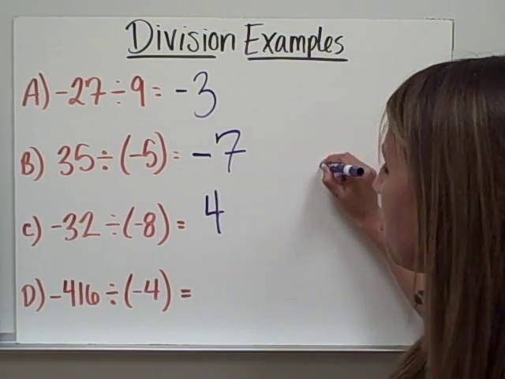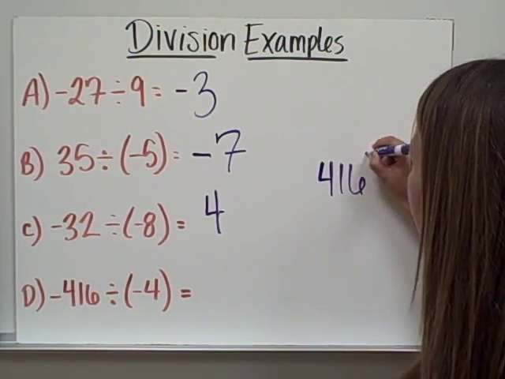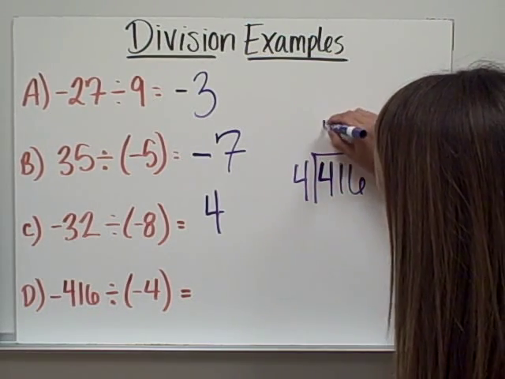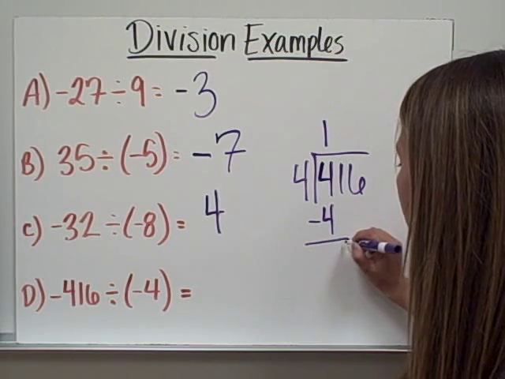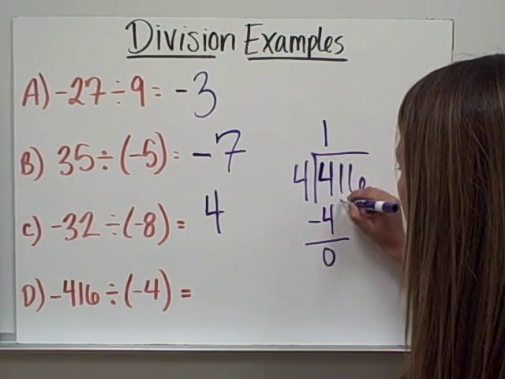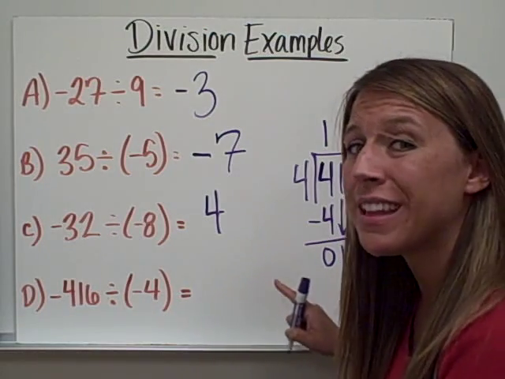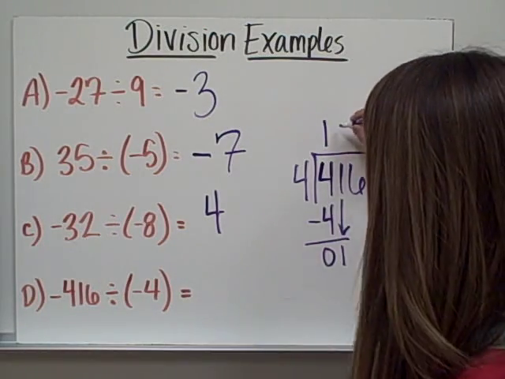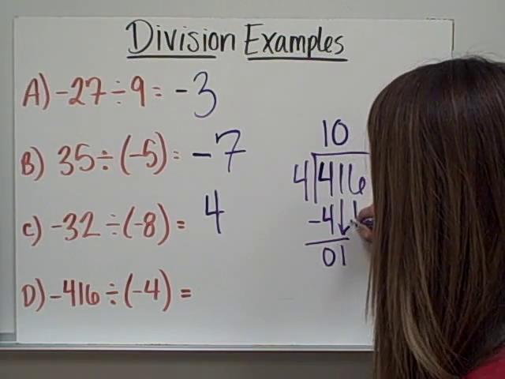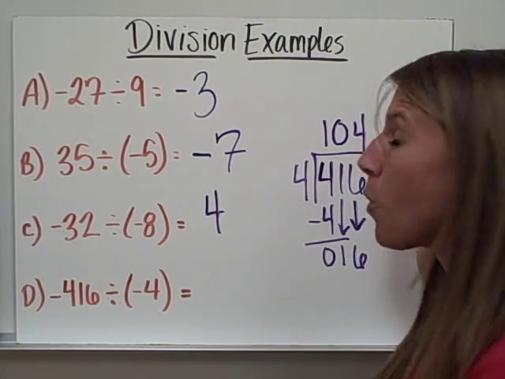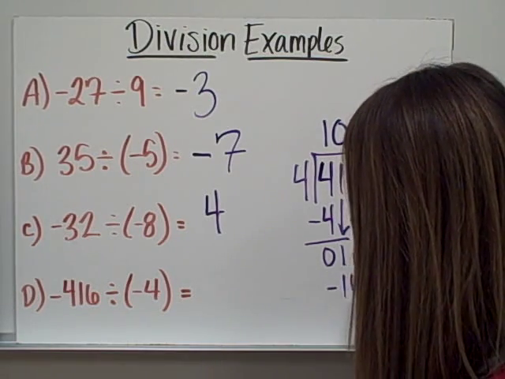So if I have 416 divided by 4, 4 goes into 4 once, subtract it away, bring down my 1. 4 doesn't go into 1 evenly or at all, so I have to put a 0 to hold the place. I bring down the 6. 4 goes into 16 4 times evenly.